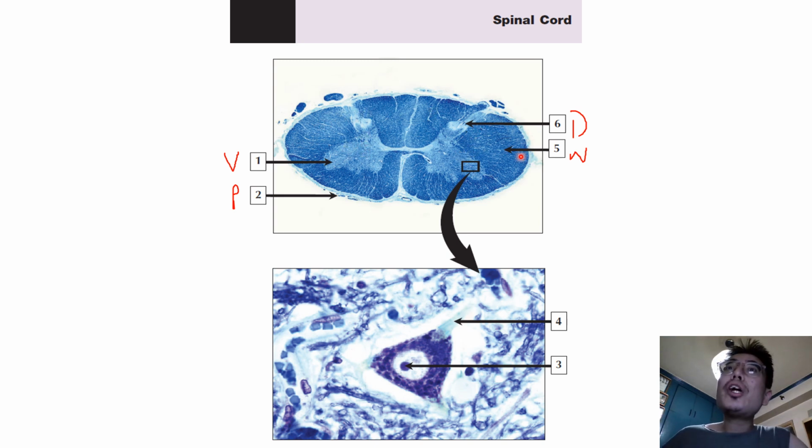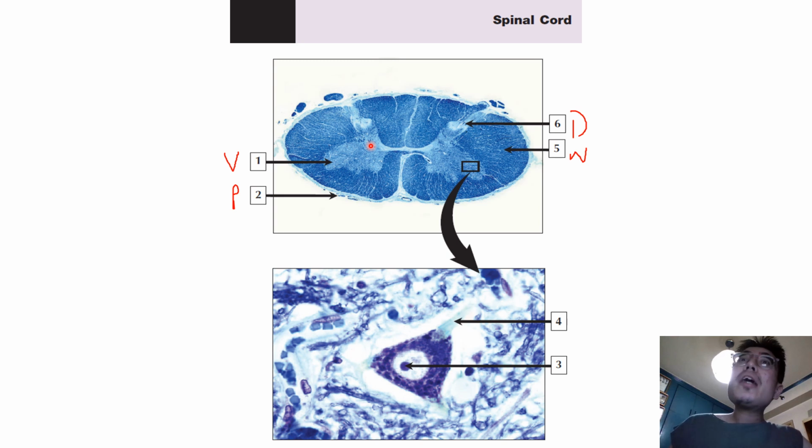The white matter of the spinal cord, labeled here again as number 5, consists of ascending and descending tracts of myelinated nerve fibers, whereas the inner gray matter consists mostly of cell bodies and unmyelinated nerve fibers.